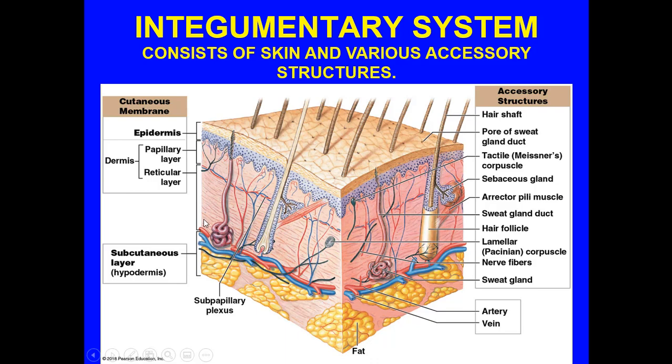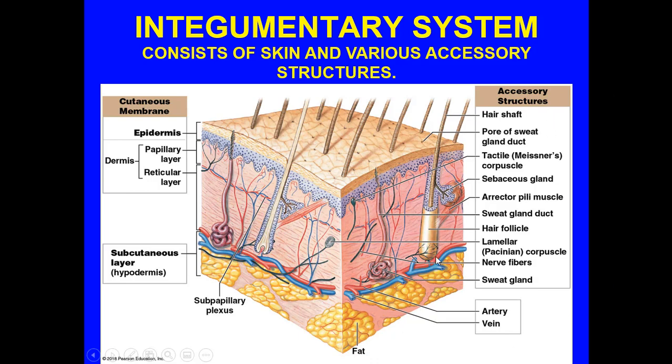The lower layers are referred to as the reticular layer. The reticular layer basically goes between the subpapillary plexus and the subcutaneous plexus, which would be down over here. Below this is the hypodermis, which consists of areolar tissue and adipose tissue.